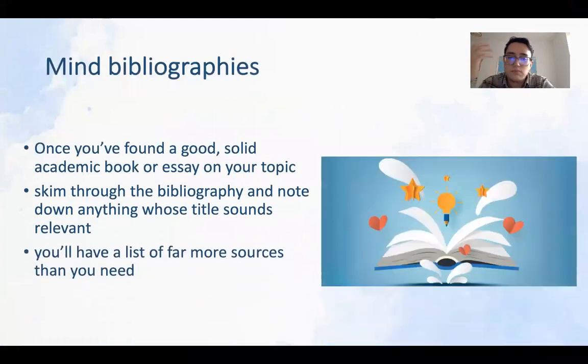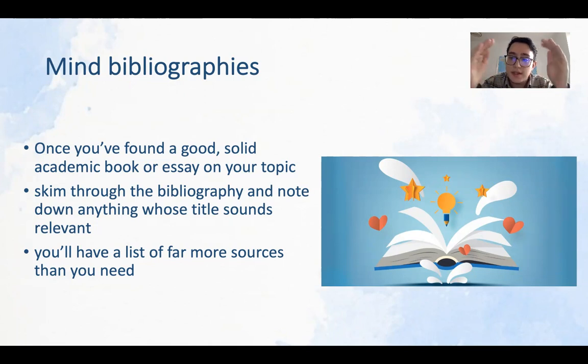So when you find some good research, when you feel like, oh wow, this is good research, it has the name of the author, the person who wrote it, it has the date, like when they wrote it, and what the topic is. If it gives you all the detailed information of the people who wrote it, that would be good research. So if you find research like that, and a solid academic book or essay on your topic, you can skim through the bibliography as well.